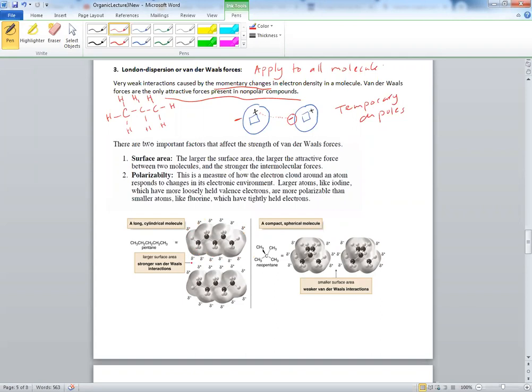Look at the delta negative and the delta positive. Versus if you have a smaller surface area, you have fewer interactions. So again, basically, longer and bigger molecules. That's what you want to look for.